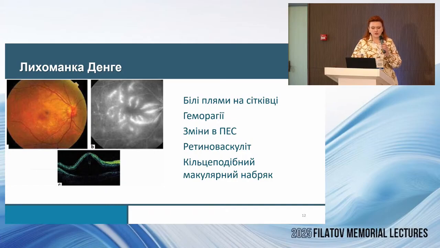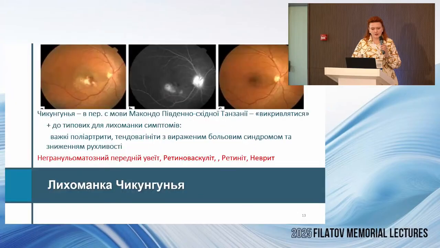Dengue fever. In this condition, the fundus looks like this. There is usually macular edema, there is retinal vasculitis, there is a ring-like macular edema, hemorrhages.